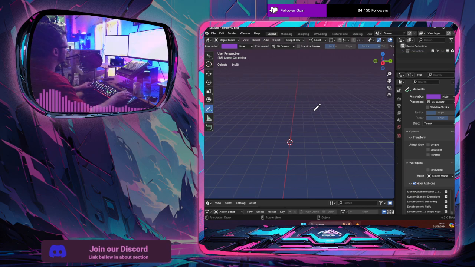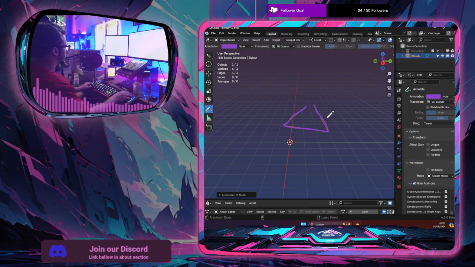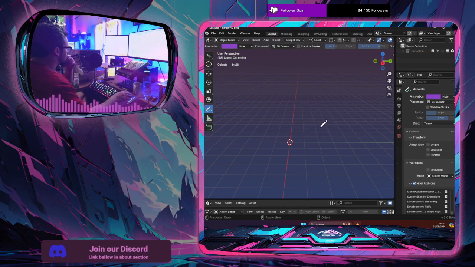Triangle. And that is not a triangle. Oh, it is a triangle. Good. Didn't think it would come out as a triangle. Triangle. Good. Looking good. It's looking good right now.